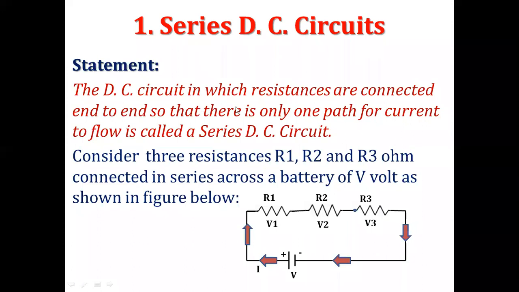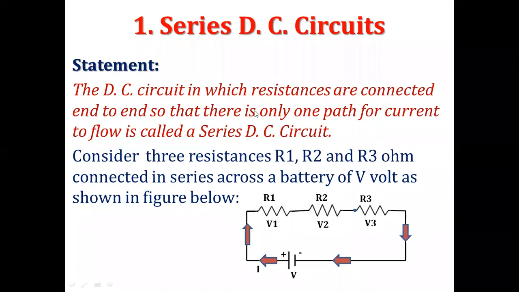Take the first heading, series DC circuit. The statement, that is the definition: a series circuit is a DC circuit in which resistances are connected end to end so that there is only one path for current to flow.